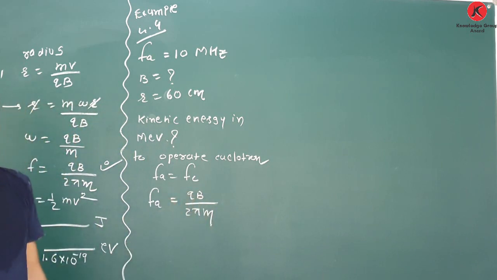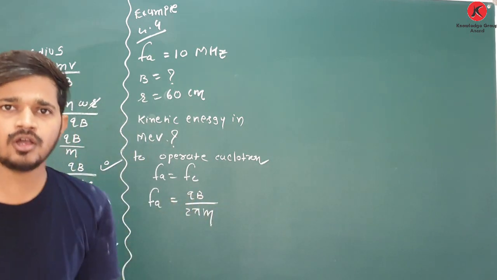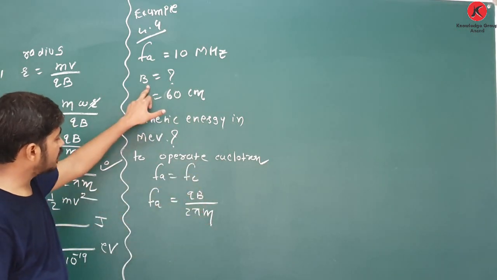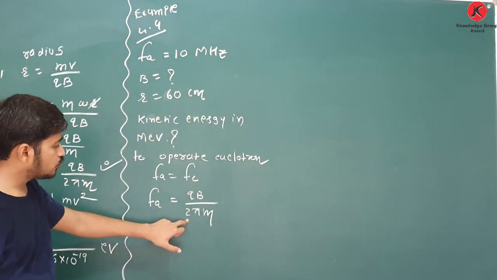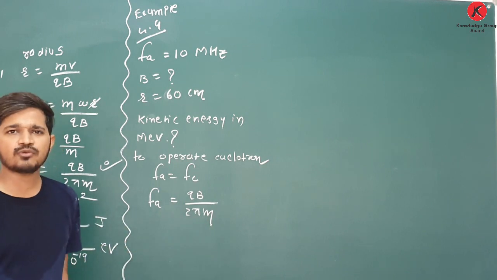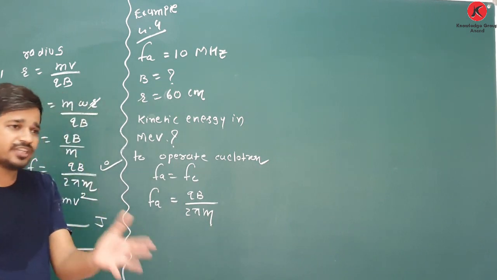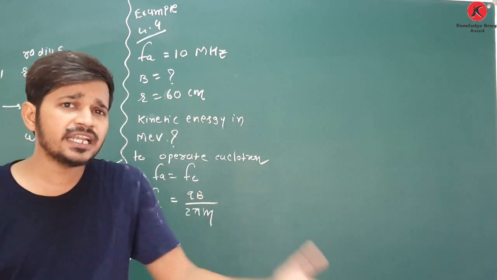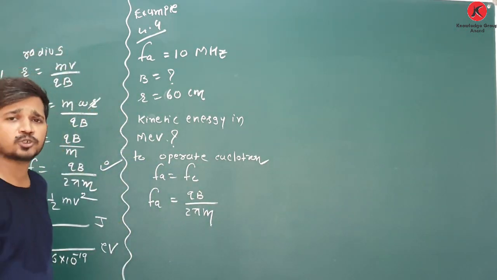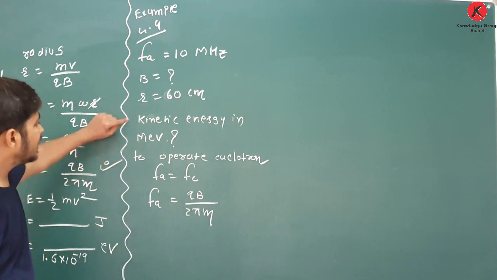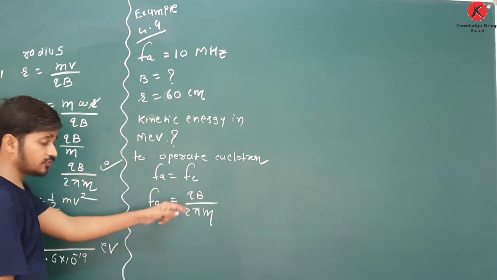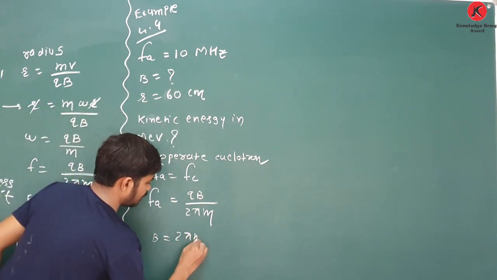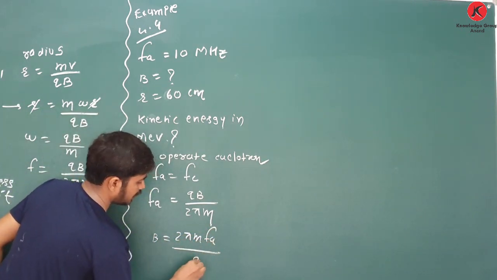Yes, it is an electron, so you know the charge. You have to find the magnetic field. You are given fa, 2 pi m, you know each and every piece of data. If you are given an electron, then you know the data of electron. If you are given a proton, then you also know the data of proton. Another thing, from this you have to make B the subject. Then B is equal to 2 pi m fa upon q.